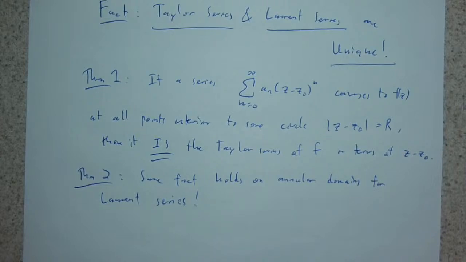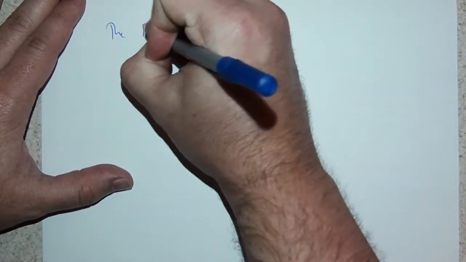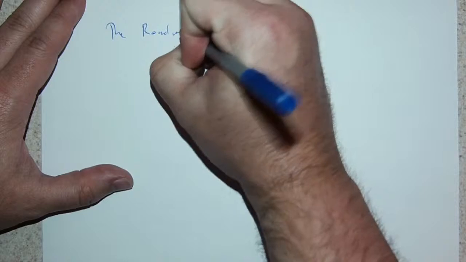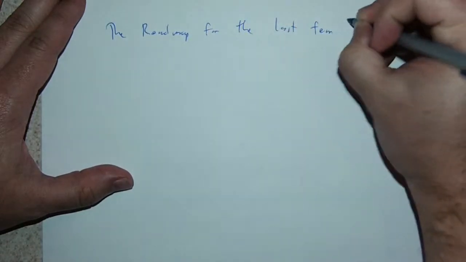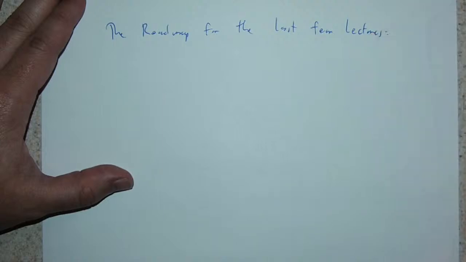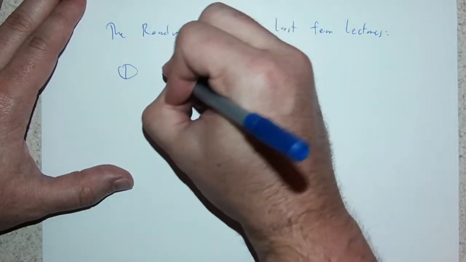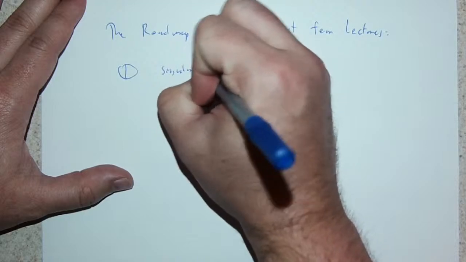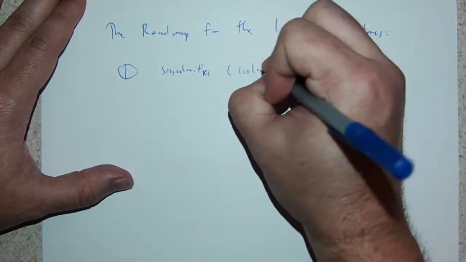Okay, and so now what we wish to talk about next. The roadmap for the last few lectures. One, we want to talk about singularities. We want to talk about isolated singularities.